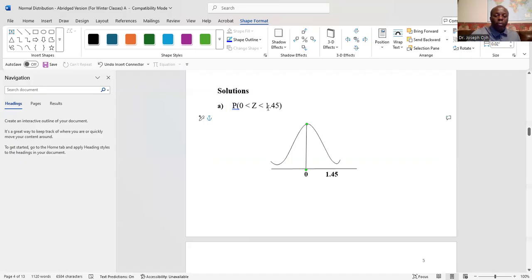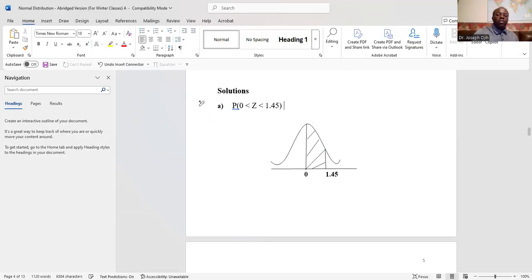It's between 0 and 1.45, so you shade that part between 0 and 1.45.